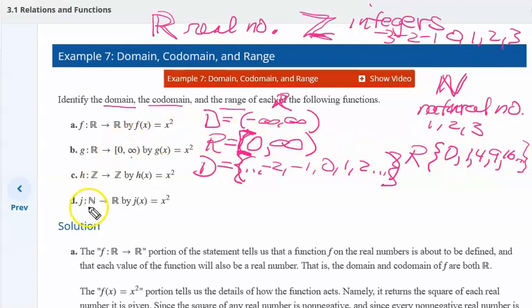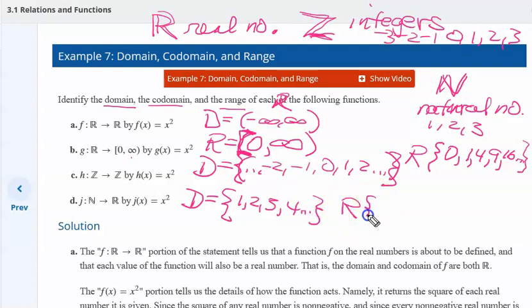Now, if we're using natural numbers here, our domain will be 1, 2, 3, 4, the counting numbers, but our range, since 0 is not one of the counting numbers, is what we have here, but doesn't include the 0.